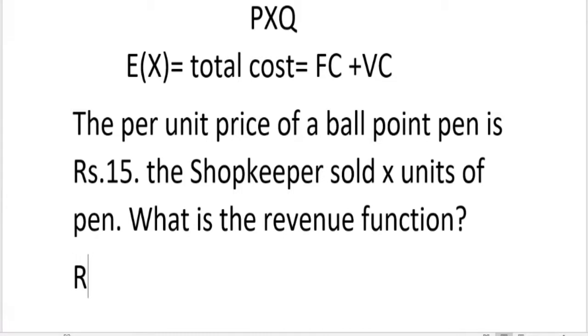15x. Revenue equals what? Price multiplied by the quantity. So in this case, the price per unit P is 15, multiplied by the quantity, and here I am taking X. So I take this 15 and multiply it by X. So 15X.